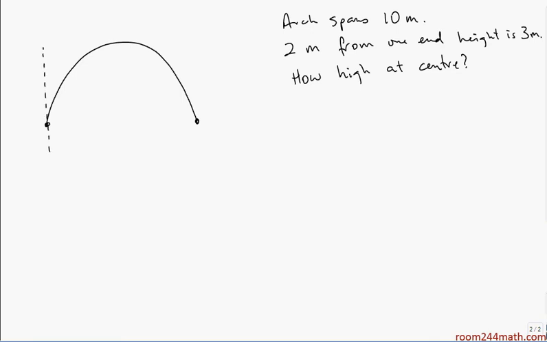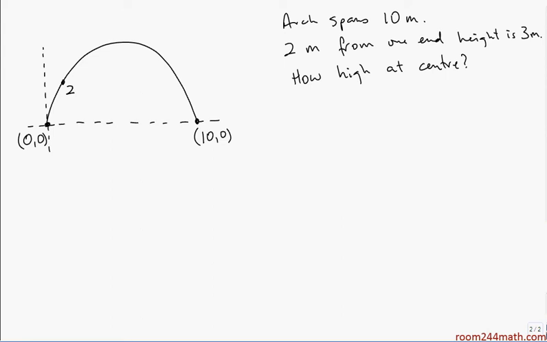So the key to this is superimposing a coordinate plane on the arch and thinking of the two ends, one end being at the origin, so 0, 0, and the other end being at 10, 0. That's your span of 10.